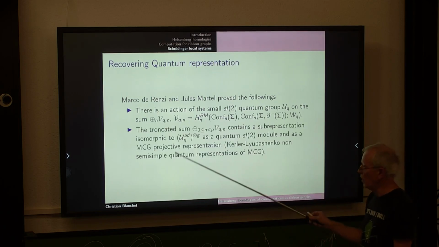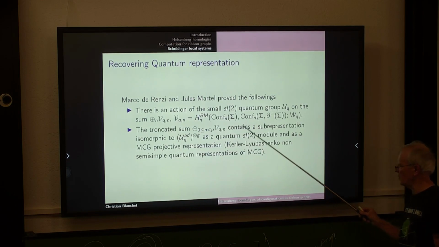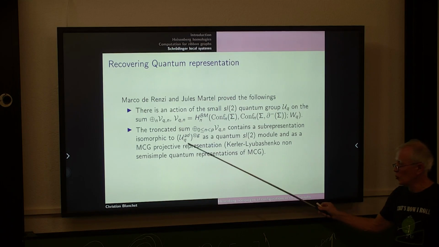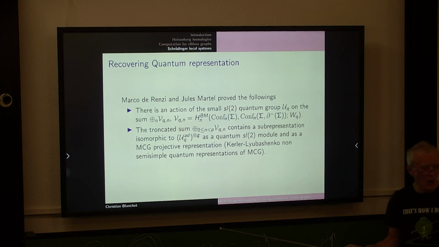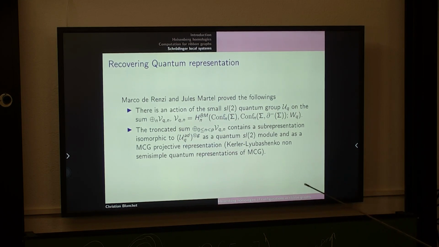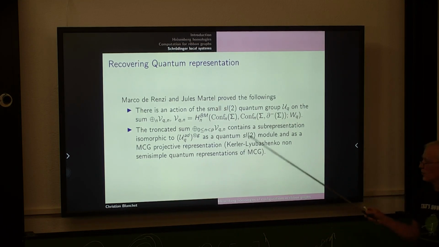But moreover, if they take the truncated sum, which will be finite dimensional, you can extract a sub-representation which is isomorphic to the g-th power of the adjoint representation. So in genus 1, you recover the adjoint representation. And they are proving this by comparing action in the basis. This is quite involved.